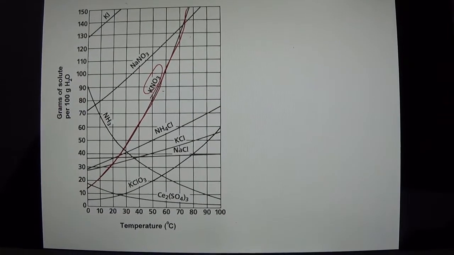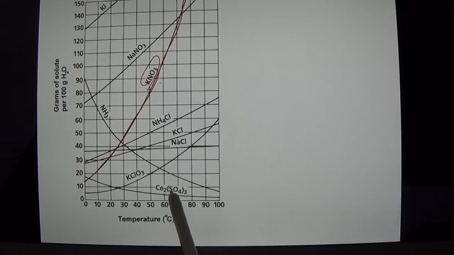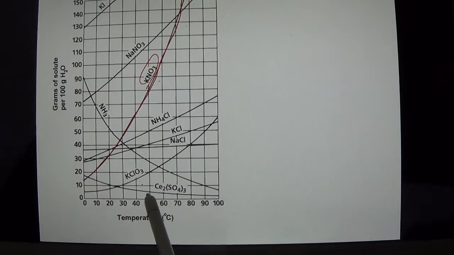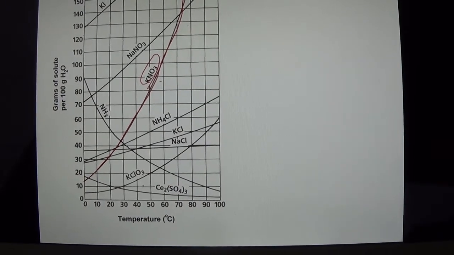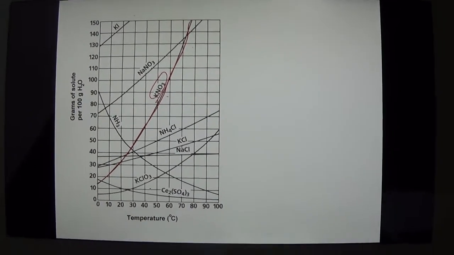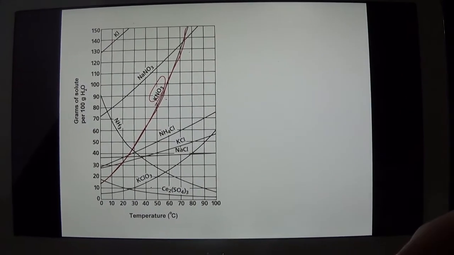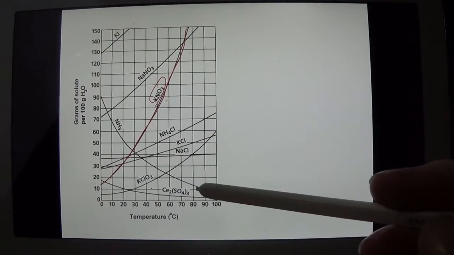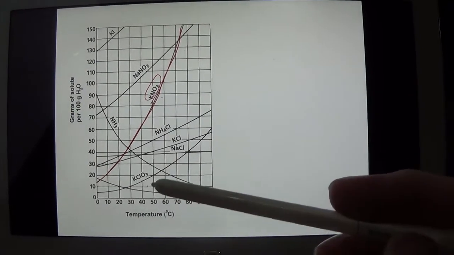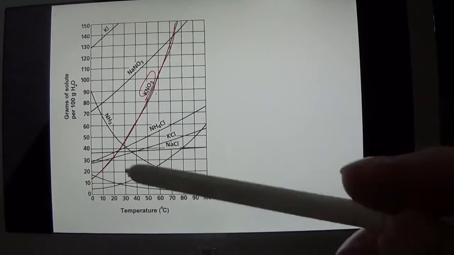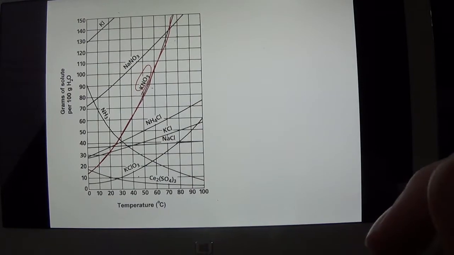I'll point out there is a solid down here that actually decreases in solubility. And that's unusual, but it's not out of the realm of possible. It is okay that that does that. It's just its nature. Get into AP chemistry, we can talk about the enthalpy change associated with that and why it decreases, and that's for next year.